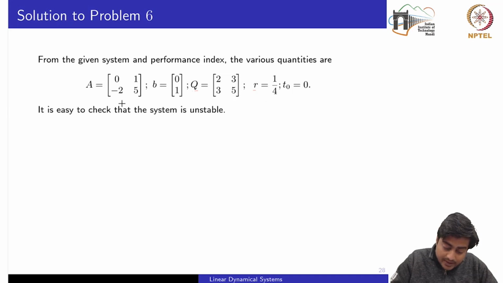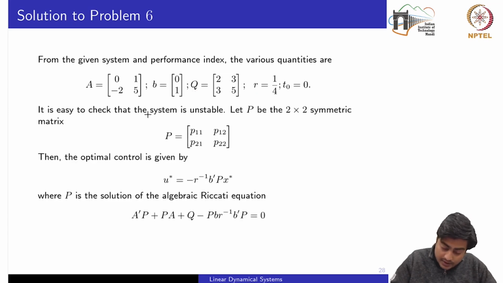So you can quickly verify that this system is an unstable system by computing the eigenvalues of the matrix A. Now if you recall the linear quadratic regulator control design, this controller is given by this equation, which is optimal, u equals minus 1 by R B transpose P times x, where P is a 2 by 2 symmetric matrix, which you can compute by solving this algebraic Riccati equation, which we have derived in the lecture slides.